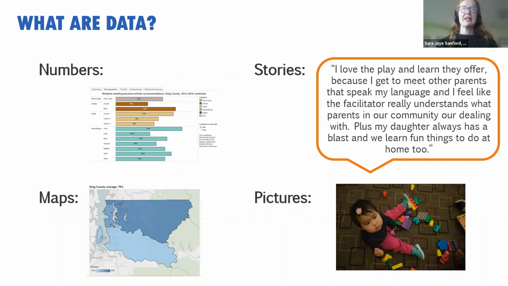And it could also be pictures. Of course, if you do share anything that comes from a client or a participant, keep in mind that they should have the opportunity to say if they're comfortable sharing their story and how they want it to be shared. Next slide.